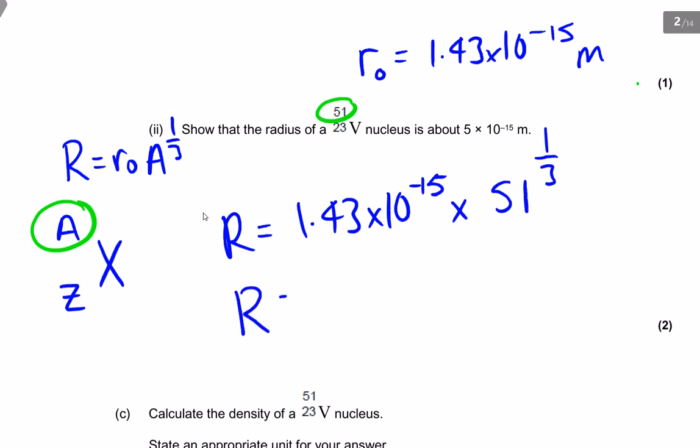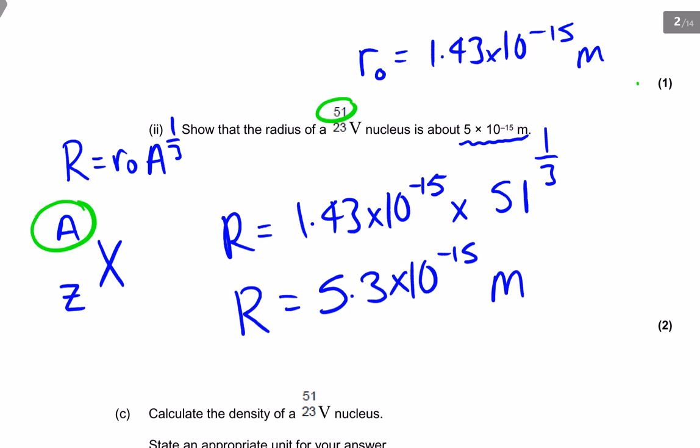Okay, and that gives us a value of 5.3 times 10 to the minus 15. Remember our units, meters. Again it says it's about 5 times 10 to the minus 15, 5.3 times 10 to the minus 15. That's right.